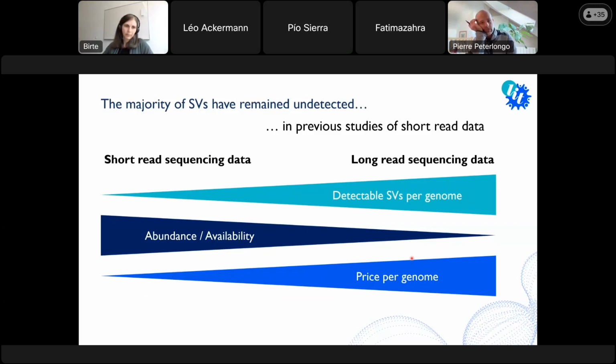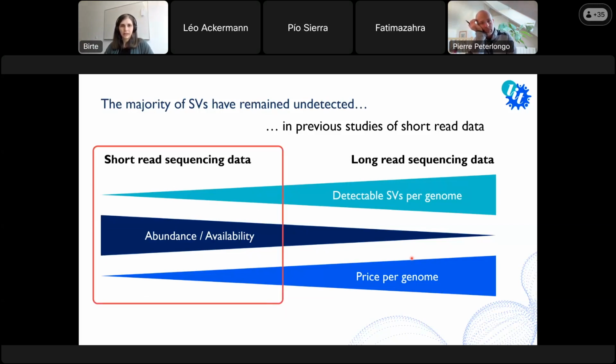And my guess is that this will stay like this for some time, that we will have much more short read sequencing data because people invested in this, and we should try to get the most out of these data sets that have cost a lot in the past and are very valuable data sets. So we should do our best in extracting the most information from this data.